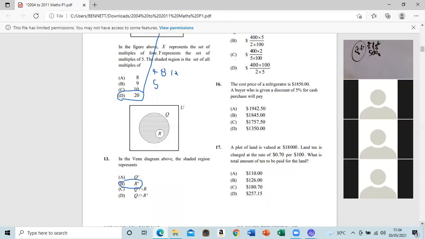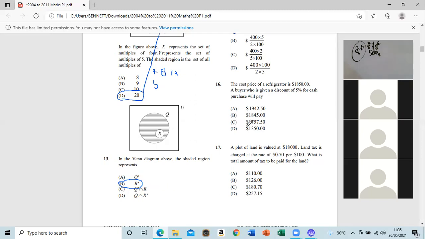All right, good job. Oh, we missed out one. Sorry, question 16. The cost price of a refrigerator is 1,850. A buyer who is given a discount of 5% for cash purchase will pay. Sir, I think it's C. So you find 95% of 1,850?